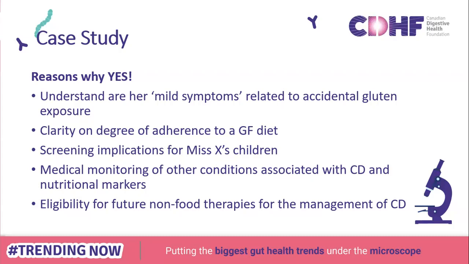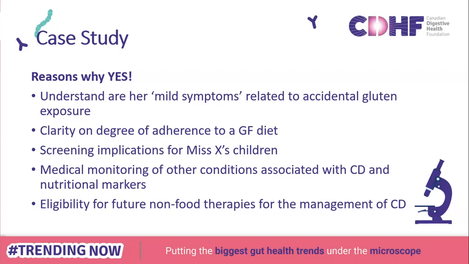The last point I have on this slide is one I've more recently been discussing with clients, and that's the fact that we are closer than ever to having non-food therapies for the management of celiac disease in Canada, with several clinical trials underway and getting close to being available more mainstream.